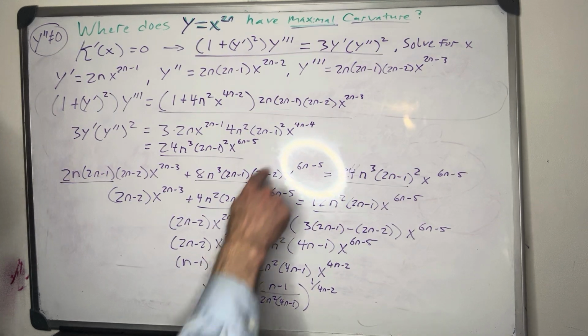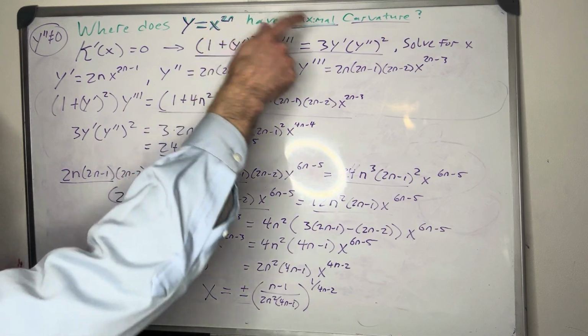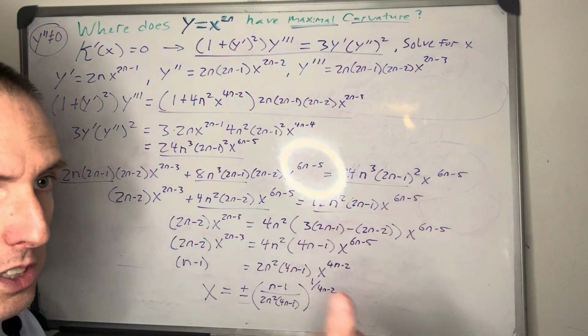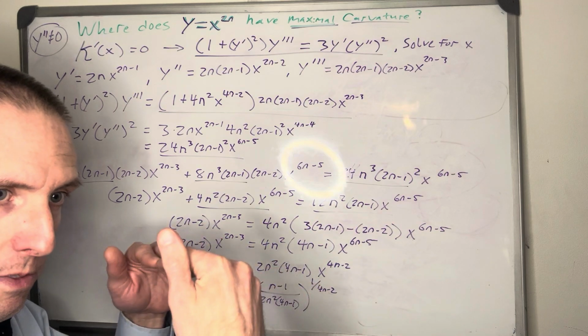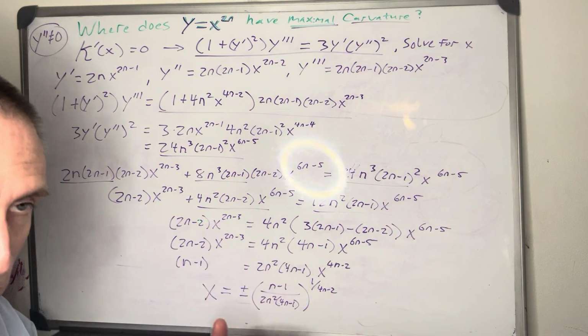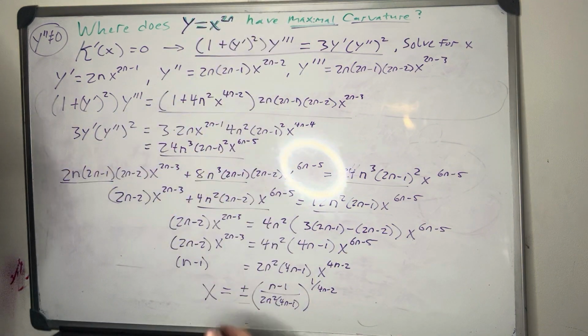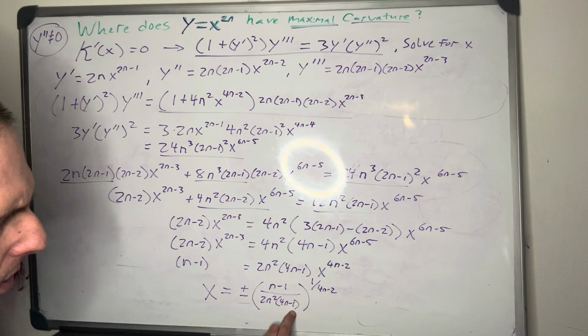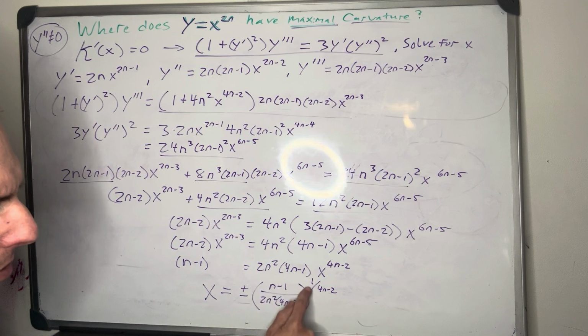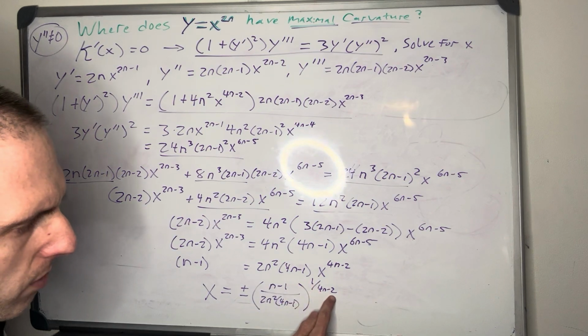But if we assume back here that x is non-zero, at 0 the graph flattens out, so you get minimal curvature there, so you already know that it's 0 at that point. So you can safely assume that x is non-zero down here. Then divide, so x is n minus 1 divided by 2n squared times 4n minus 1, the whole thing raised to the 1 over 4n minus 2 power.